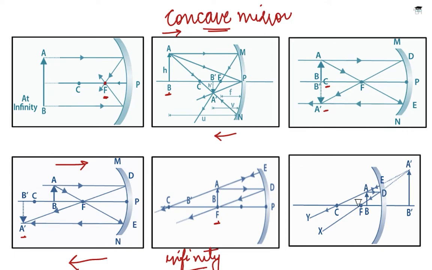When the object is between focus and pole, the image is behind the mirror and the size has increased. So it is clear from this revision that as the object moves towards the mirror, its image moves away from the mirror and its size increases.